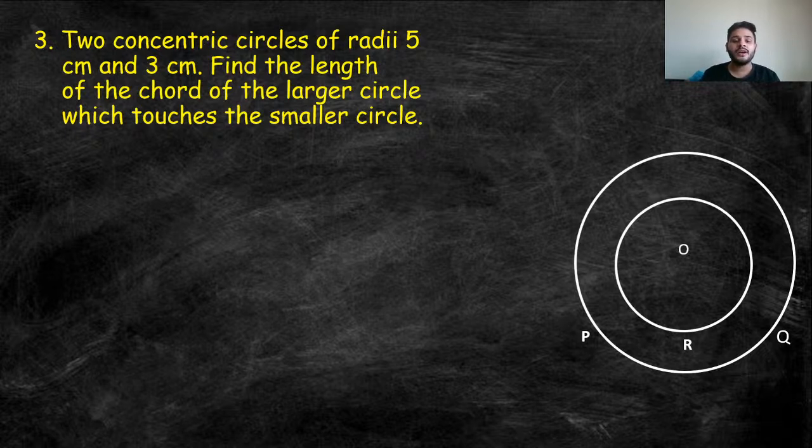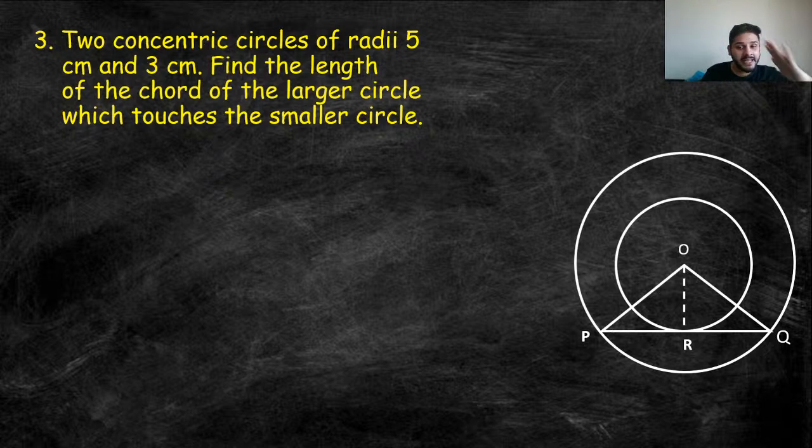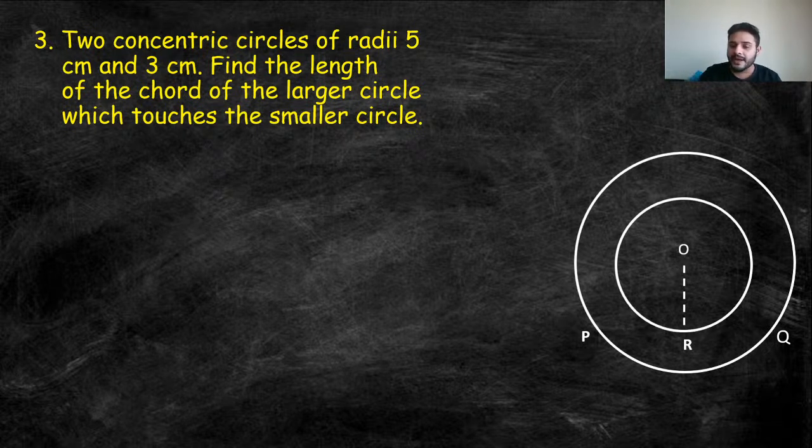Find the length of the chord of the larger circle which touches the smaller circle. So we have drawn two concentric circles. Now we draw the radius for the smaller circle, that is OR, and we draw a triangle. We draw the radius for the bigger circle, that is OP and OQ. I repeat the drawing again.